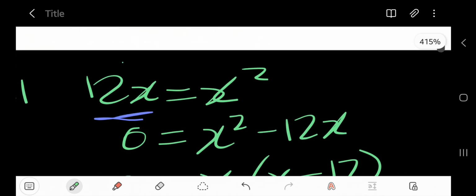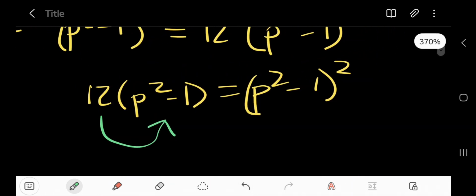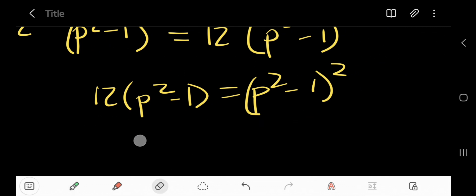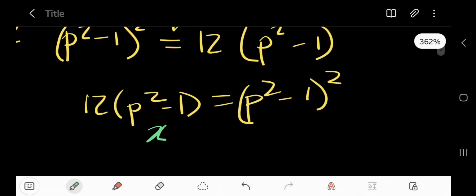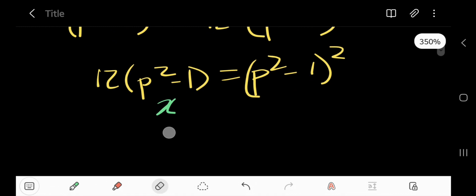Can you see we have 12 multiplied by x and x squared? Now we have 12 multiplied by something and that very same thing squared. So when they say hence or otherwise, it means we can use the previous answer. Remember, in this case, this represents x. You understand? So now, since that represents x, let's move.